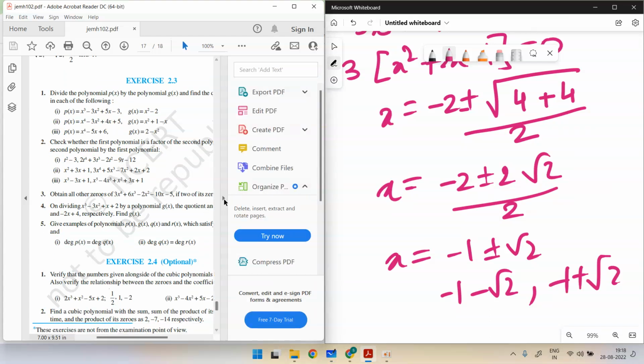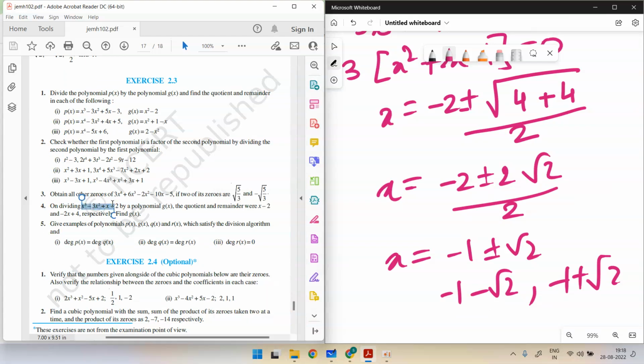See, next is: on dividing this by polynomial g(x), the quotient and remainder are this and this. Find g(x). The quotient and remainder are given, and g(x) is to be found. So the question is a good question.